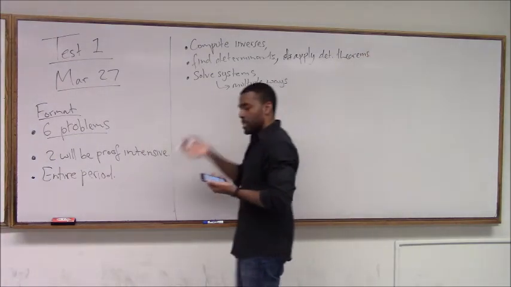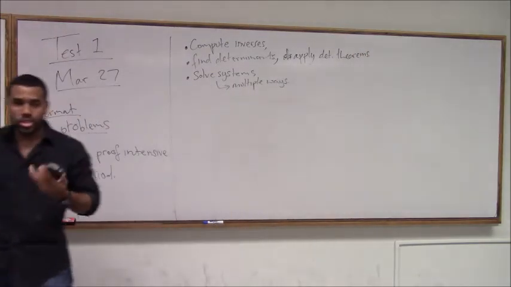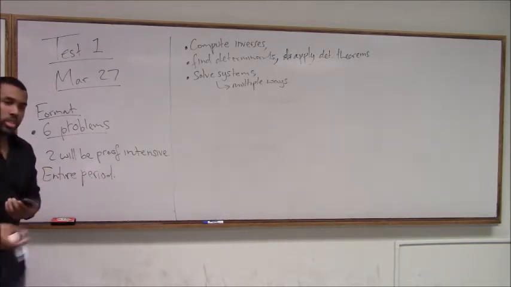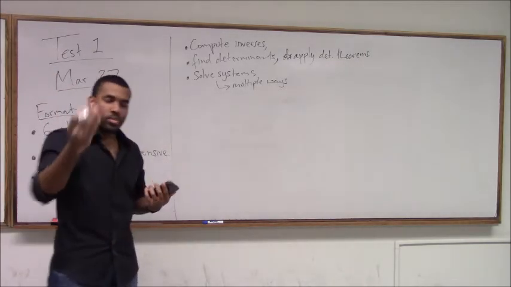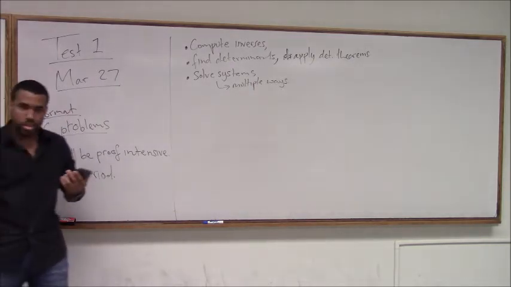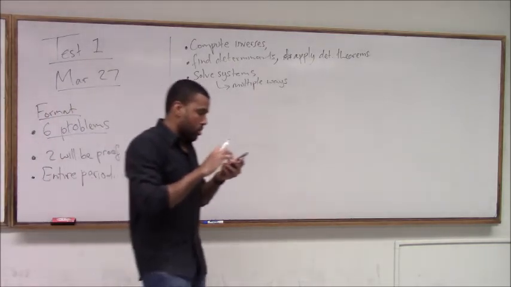For example, you should know that the determinant of a product of matrices is just the product of the determinants. If you know the determinant of a matrix and I made you find the inverse and then ask you what the determinant of the inverse is, you should know it's just 1 divided by the determinant of the other one. Things like that.